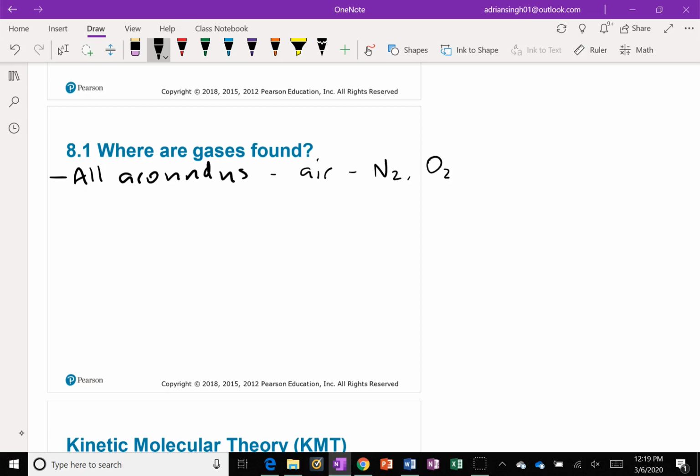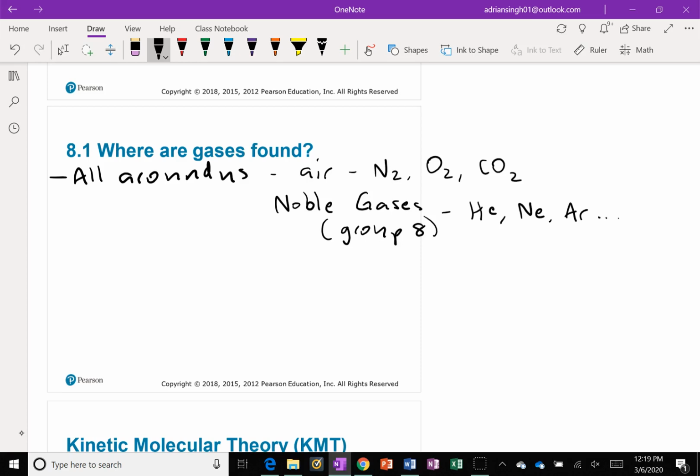There's nitrogen, there's oxygen, there's CO2, carbon dioxide. And then there are also, we talked about in the periodic table, these noble gases that belong to group 8. So things like helium, neon, argon, etc. So they're very common, in other words.